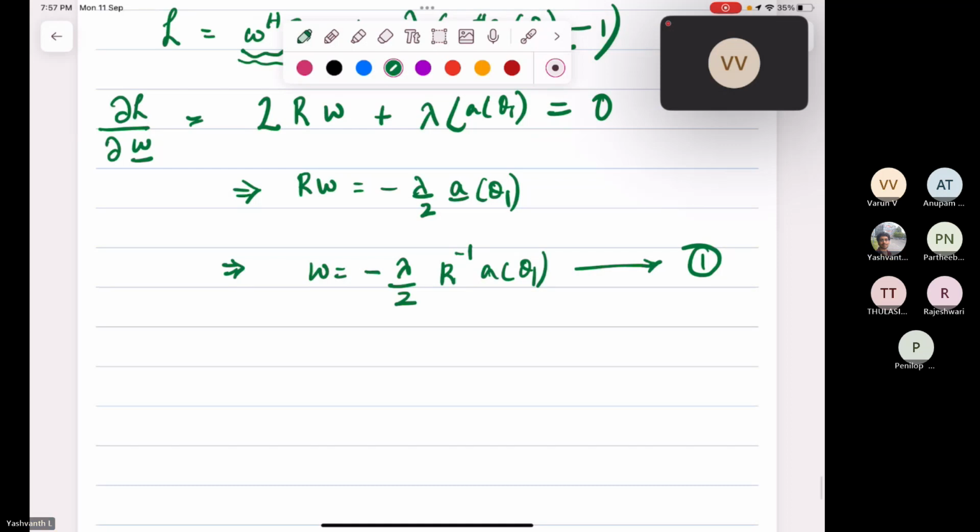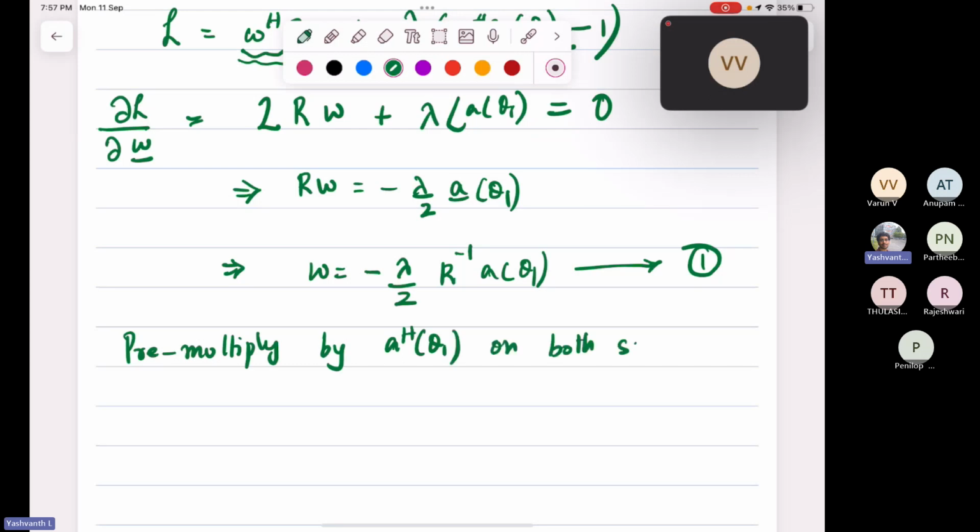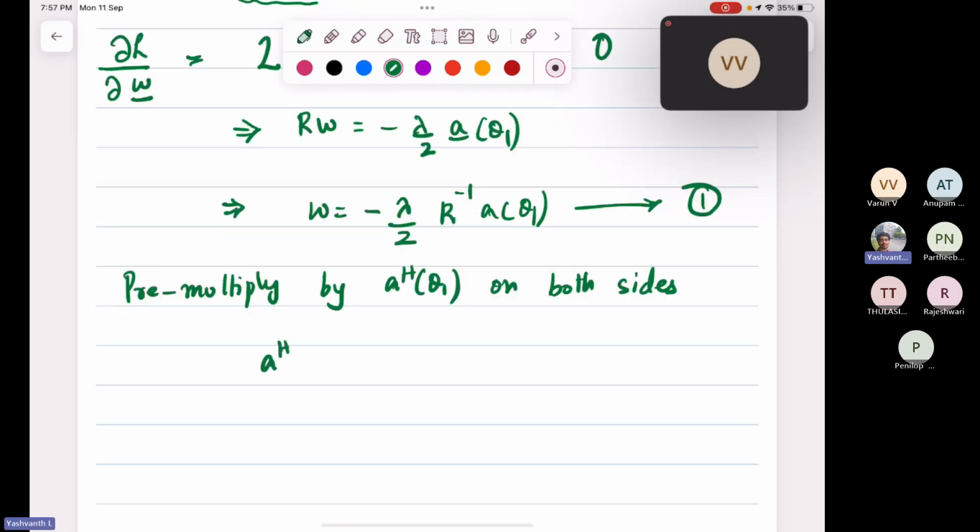Now, pre-multiply by A Hermitian of theta 1 on both sides. That is A Hermitian of theta 1 W equal to minus lambda by 2 into A Hermitian of theta 1 into R inverse A of theta 1.